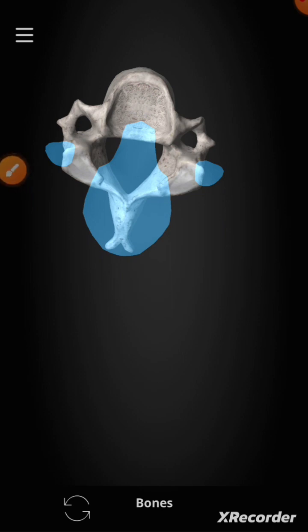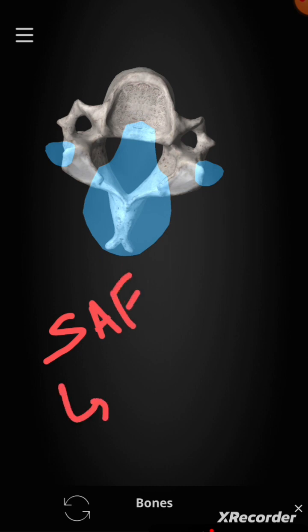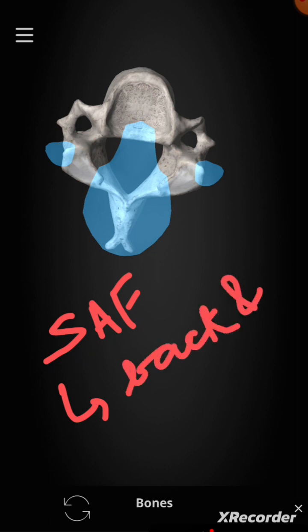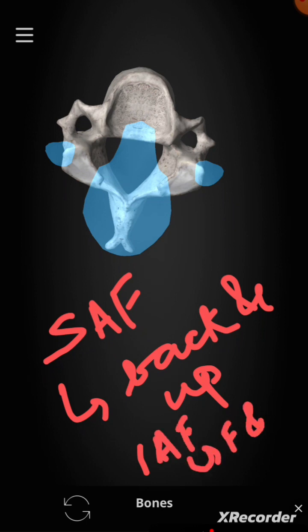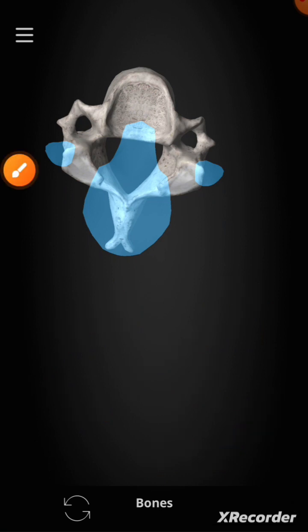Superior articular facets face backward and upward, and inferior articular facets are reciprocal of it, forward and downward. They articulate to form a plane synovial joint to perform limited movement of flexion and extension.